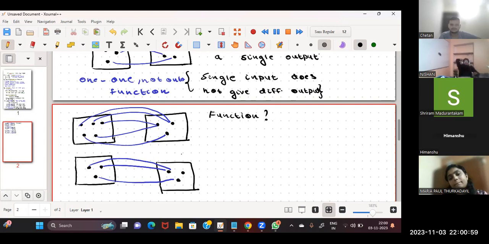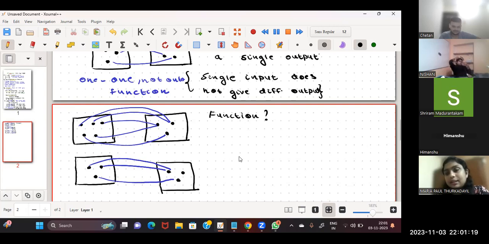For two inputs, you are getting the one output. Well, you can have that. Maybe y is equal to x square? Oh, okay. Yes. For one input, you shouldn't get two outputs. But for two inputs, you can get the same output.